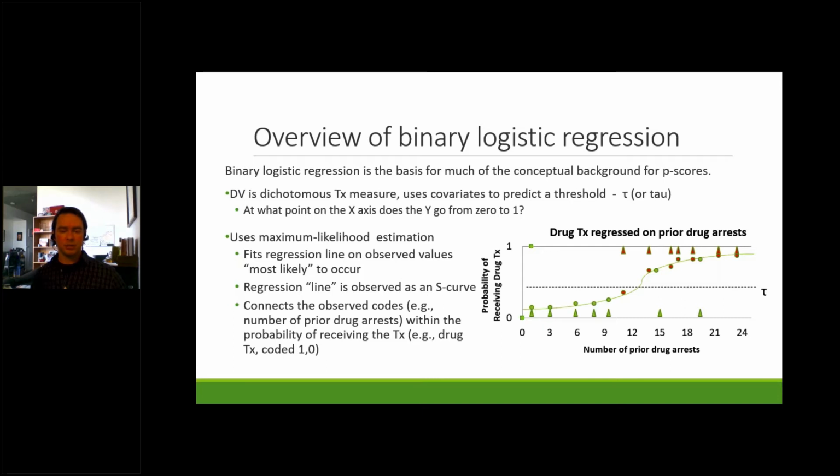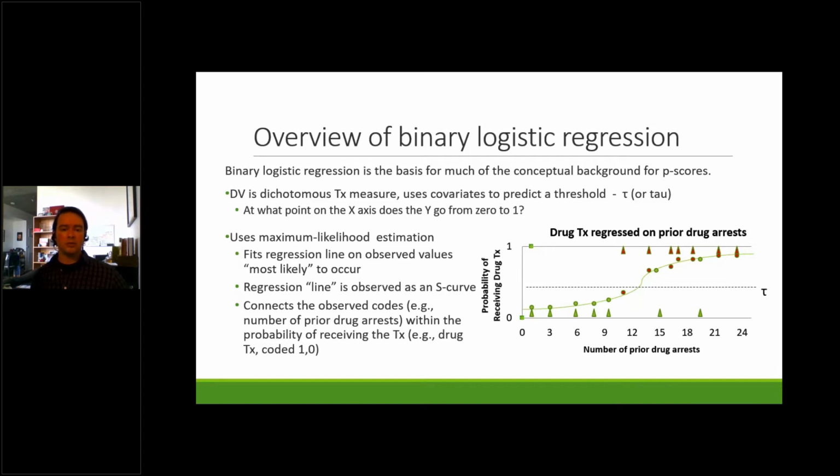Binary logistic regression is the basis of much of the conceptual background for propensity scores, or P-scores, or I'll often refer to them as PS, just an abbreviation for propensity scores. So the propensity score is trying to predict the dependent variable that is, of course, dichotomous, and in that sense, it's the dichotomous treatment.